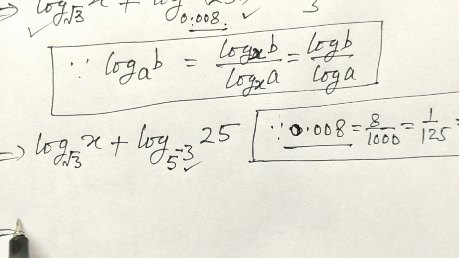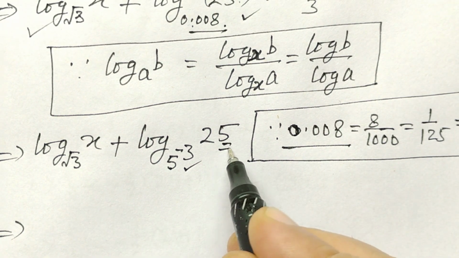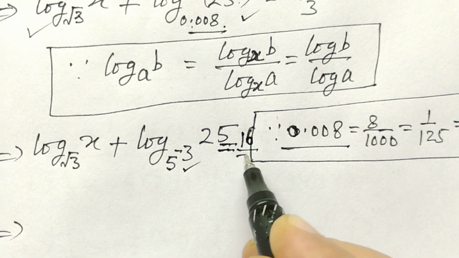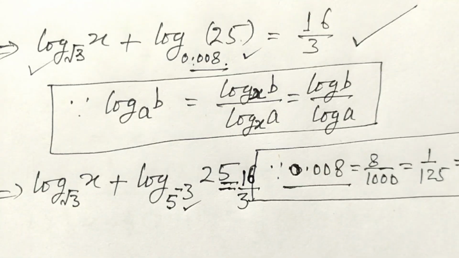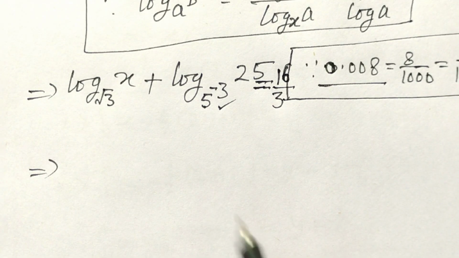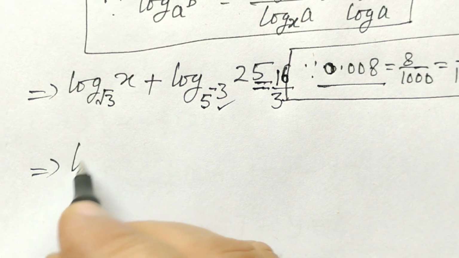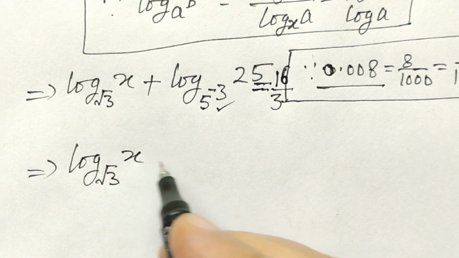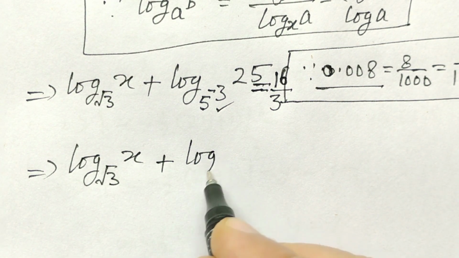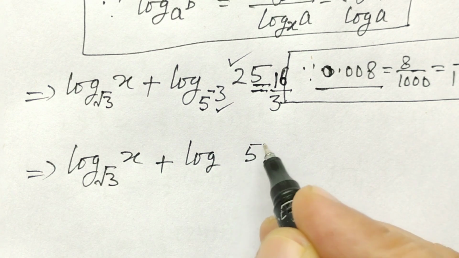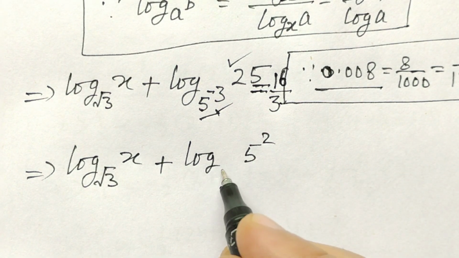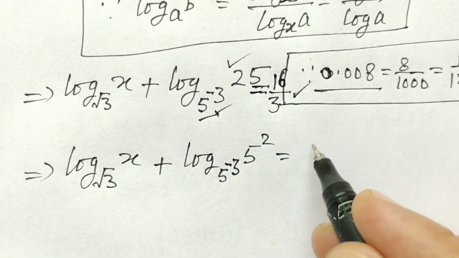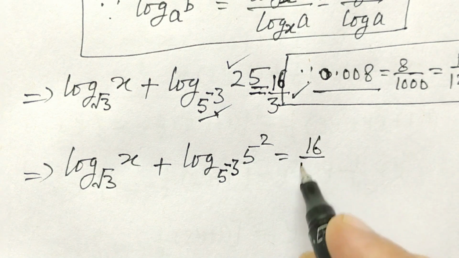Now in the next step it is equal to 16 over 3, right? Now log of x to the base square root of 3 plus log of 25, which is 5 square, to the base 5 to the power minus 3, is equal to 16 over 3.